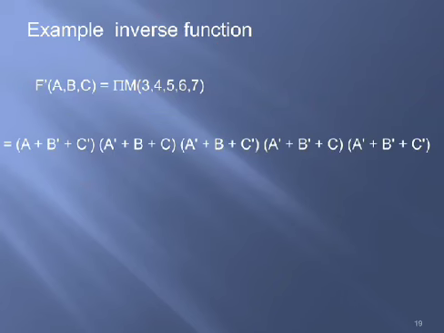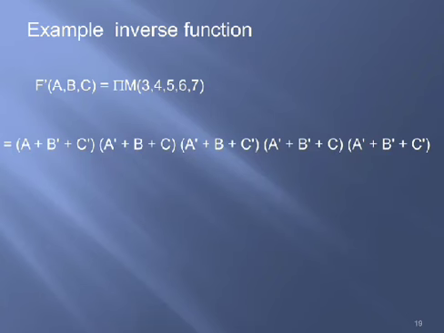So the corresponding inverse standard product of sum will be what? Its corresponding max terms: the max term corresponding to M3, 0 1 1, will be A plus B bar plus C bar, 1 0 0 means A bar plus B plus C, 1 0 1 means A bar plus B plus C bar, 1 1 0 means A bar plus B bar plus C, and 1 1 1 means A bar plus B bar plus C bar.